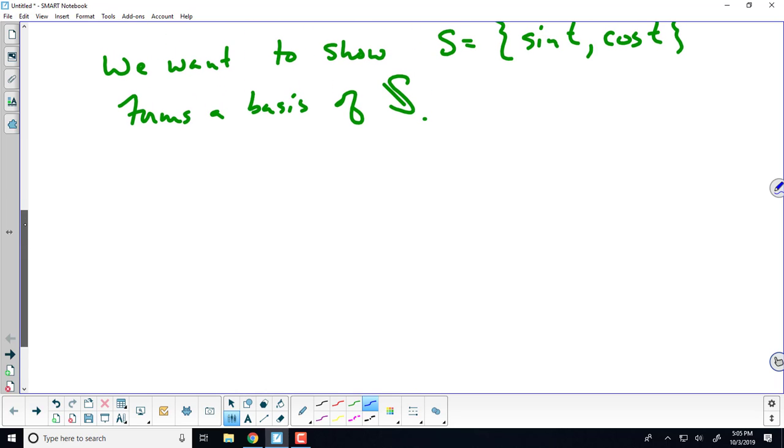Everyone get that? Is it too fast? Okay. To show that, we need our existence uniqueness theorem for nth order linear ODEs.